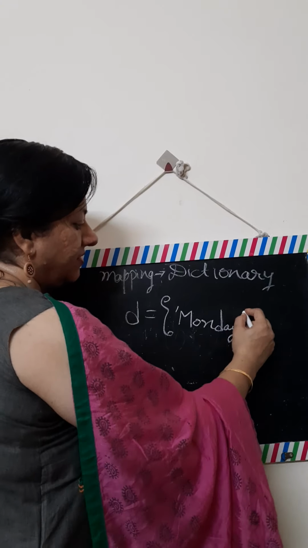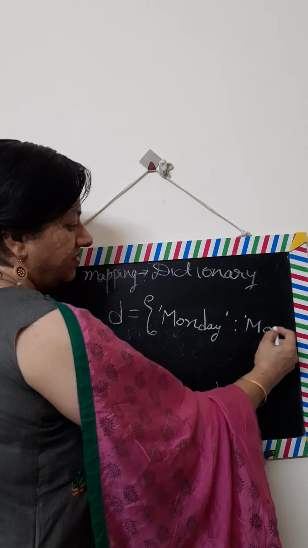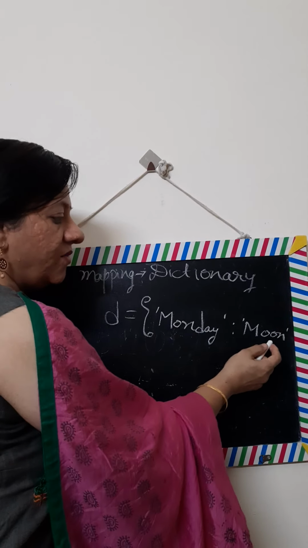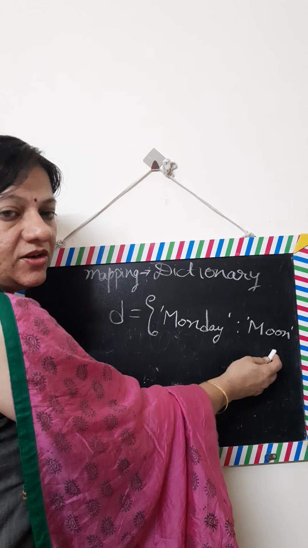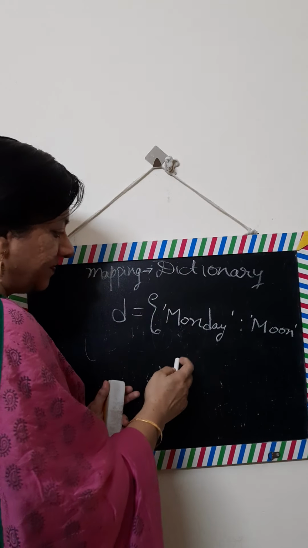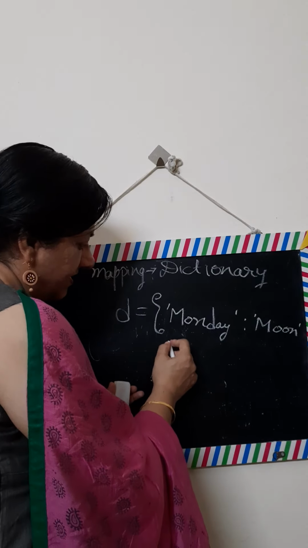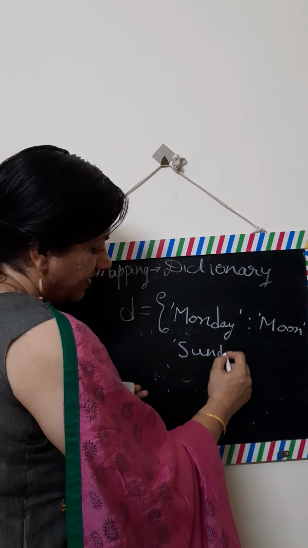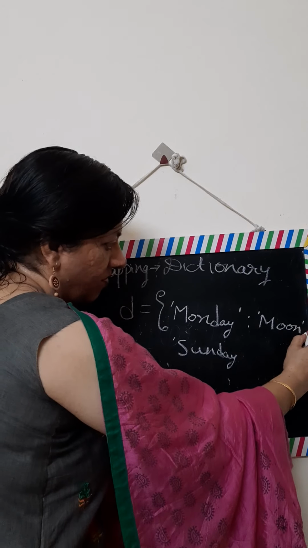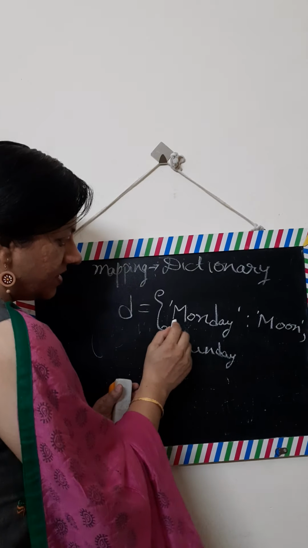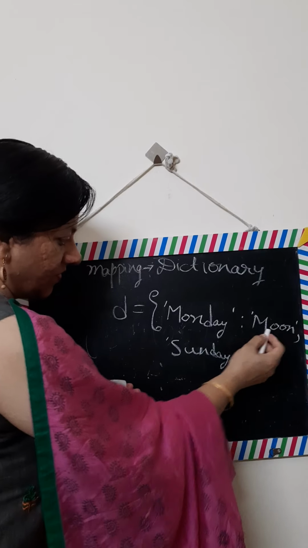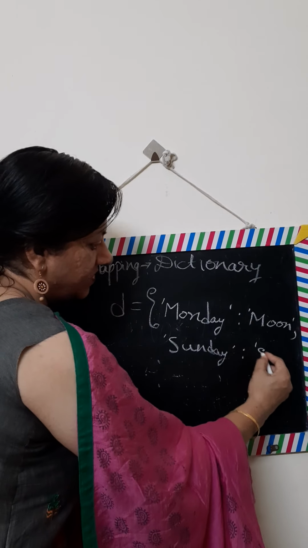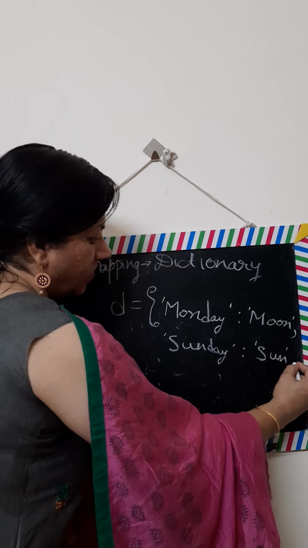So whenever I want to access the moon value, I will say Monday. And if I say Sunday, I should have a comma after this, as I told you. This is the key, this is its value. This is another key, and this will be its value, comma.